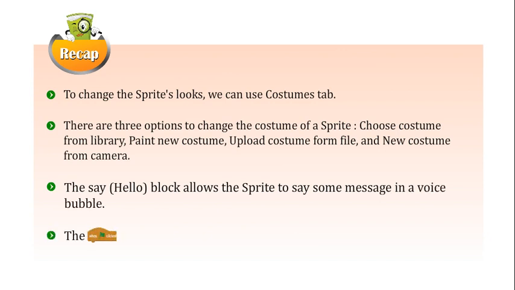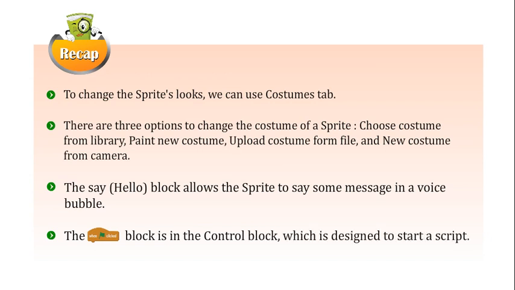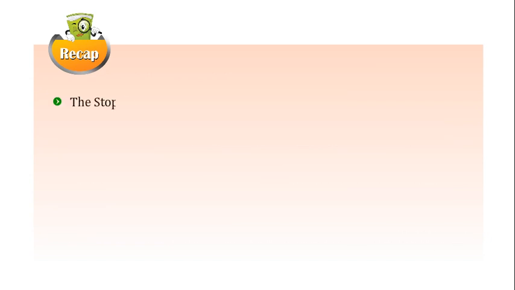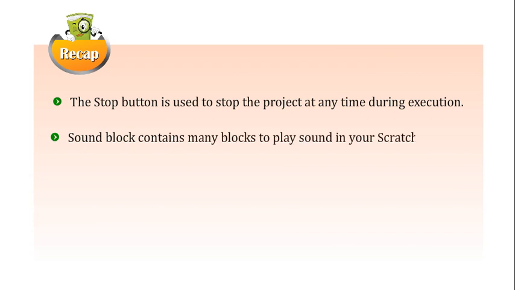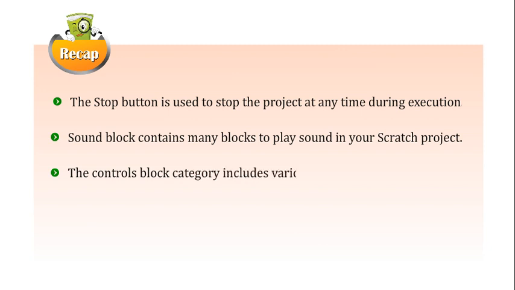The When Green Flag Clicked block is in the Control block, which is designed to start a script. The Stop button is used to stop the project at any time during execution. Sound block contains many blocks to play sound in your Scratch project. The Controls block category includes various blocks to repeat the actions of the sprite.